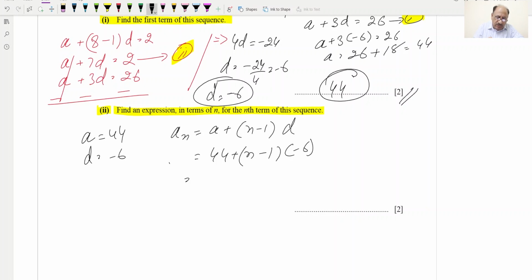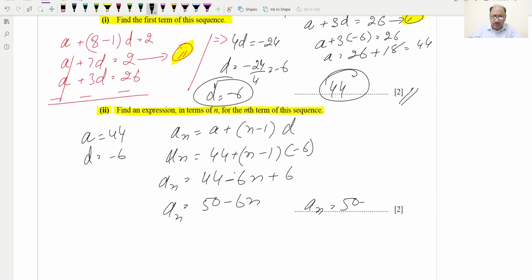Now we can open the bracket, so an is equal to 44 minus 6n plus 6, so this will be 50 minus 6n, and this is a 2 mark question.